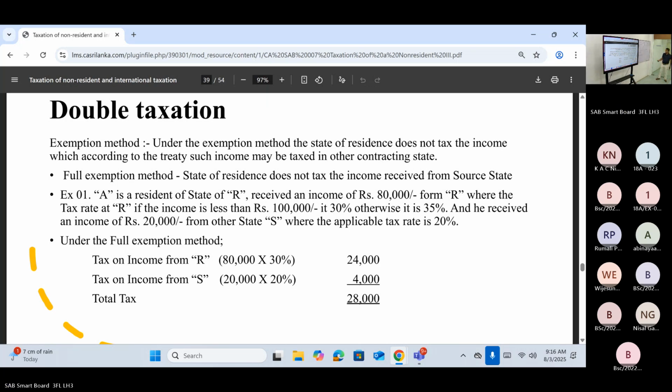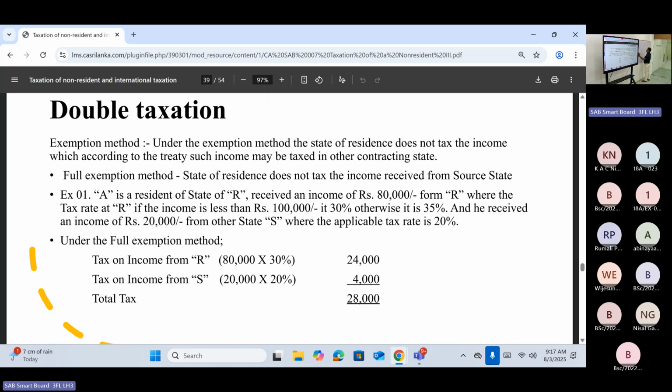If that credit method is not available, what is the tax? If there is no DTA, how much does he have to pay?